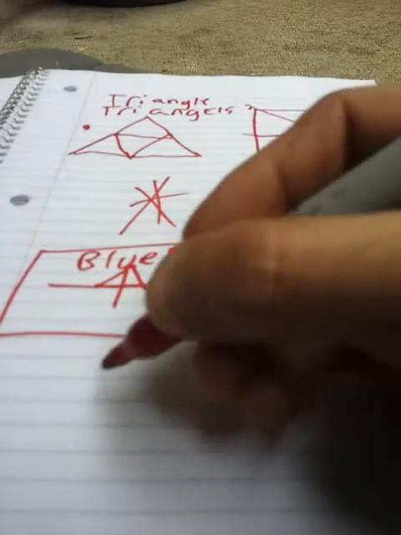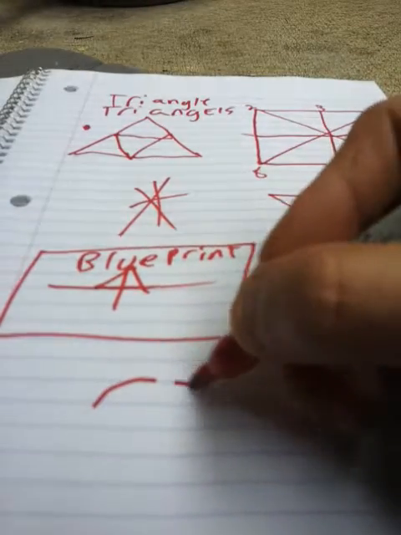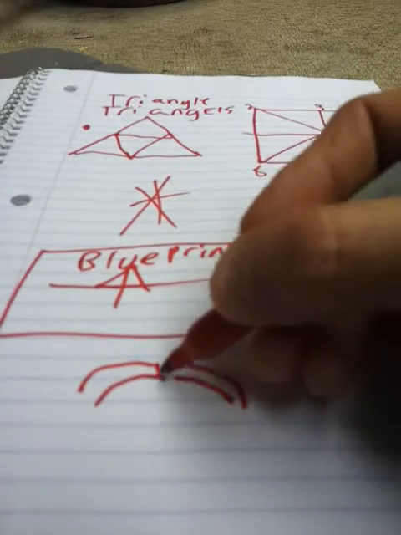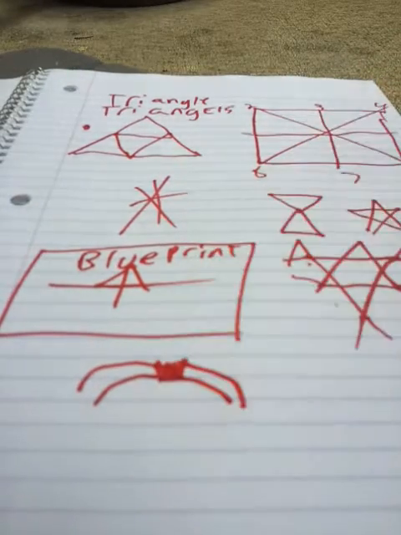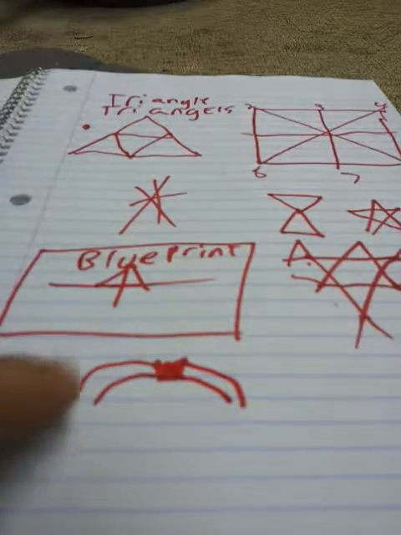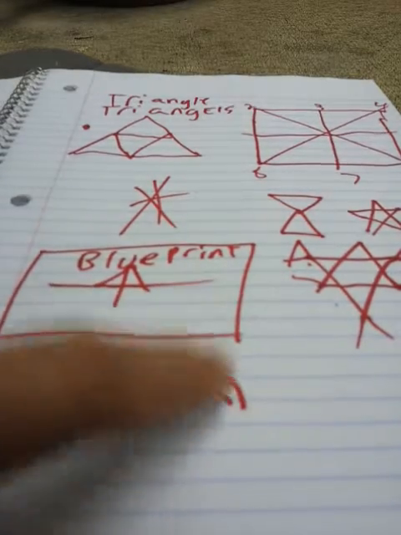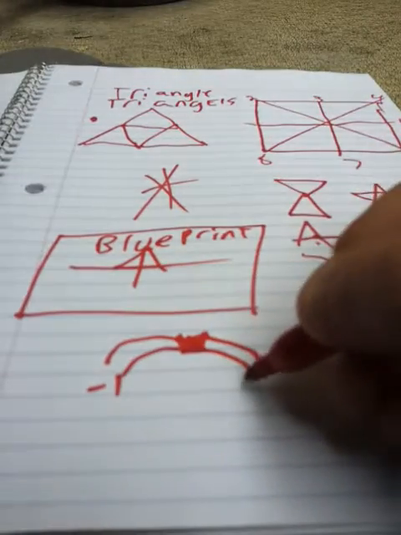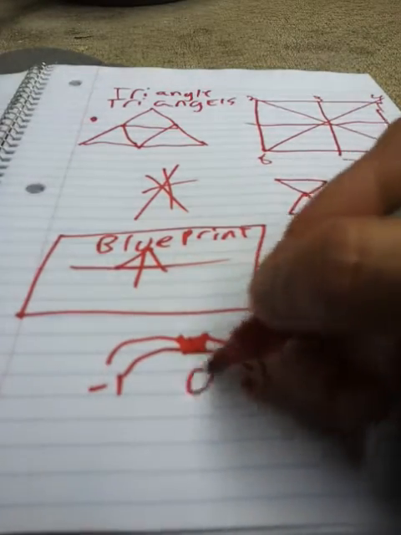And that's how an arch works, with the keystone canceling out the forces from this side and the forces from that side. And this is -1 plus 1, and this is 0.